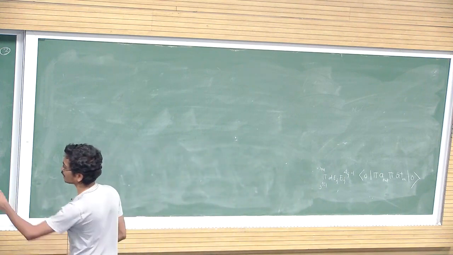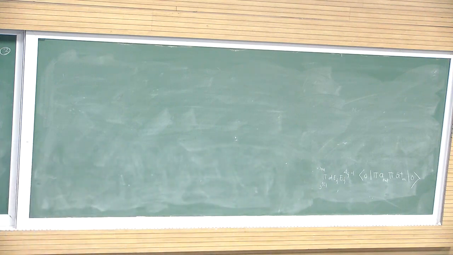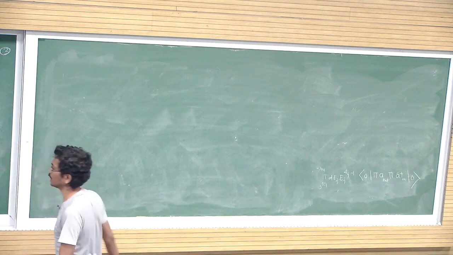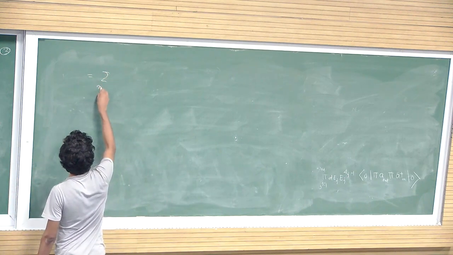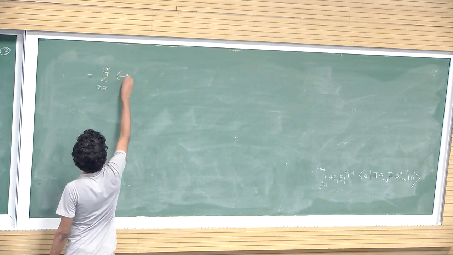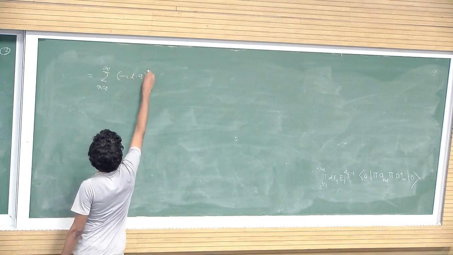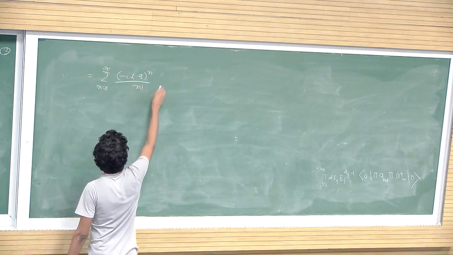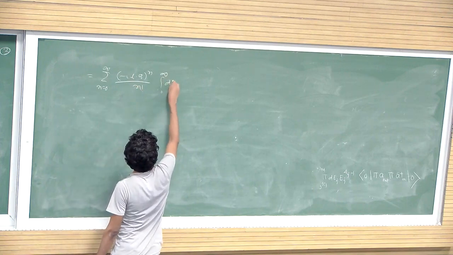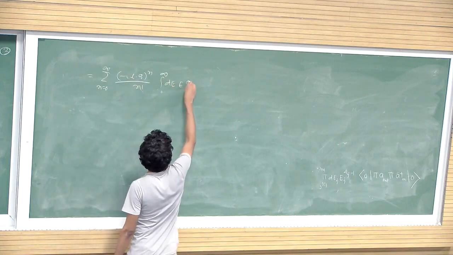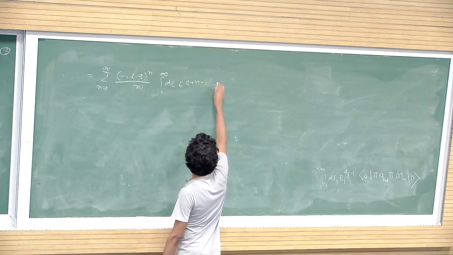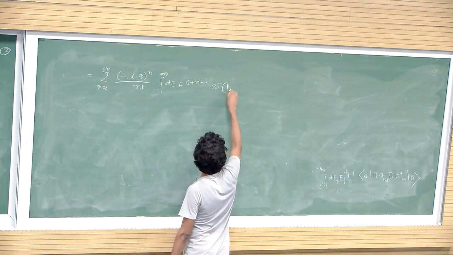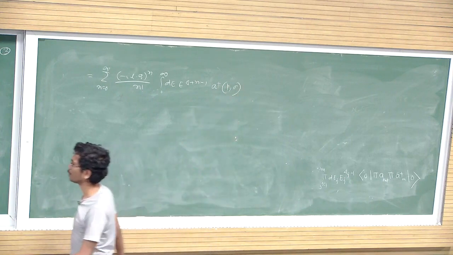Now you can take this minus I L dot q to the n factor outside, and write this as a summation over n equals 0 to infinity of 1 by n factorial, 0 to infinity dE e to the delta plus n minus 1, and then this a dagger p comma sigma.